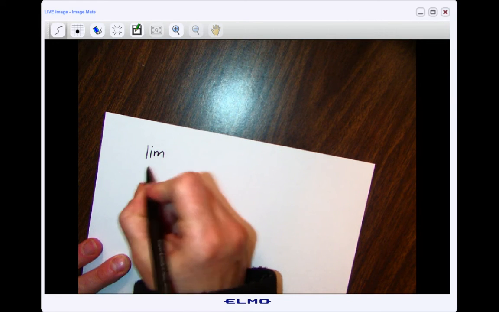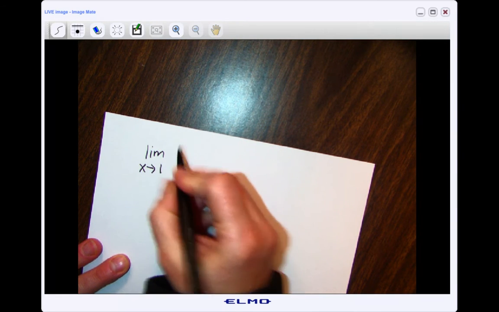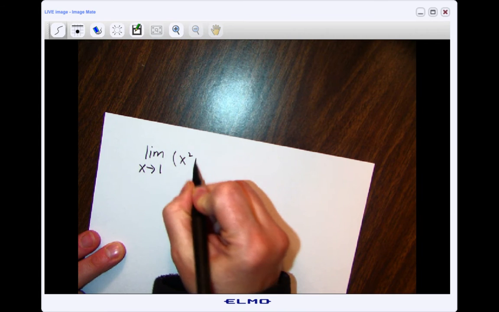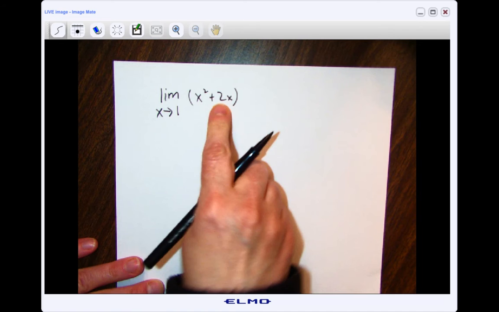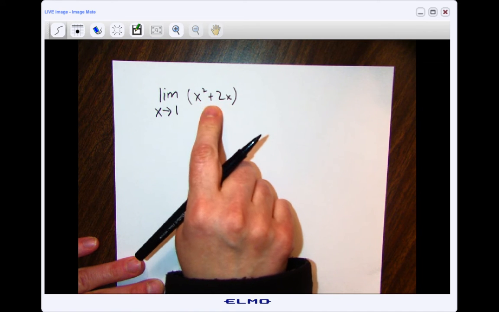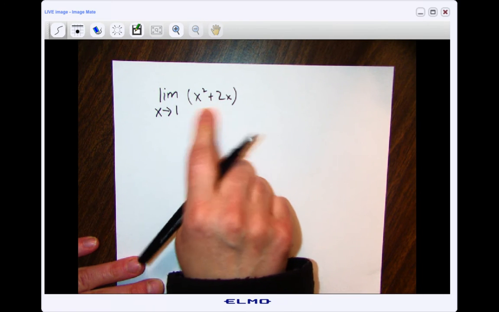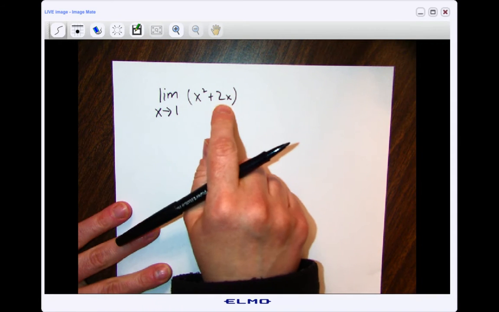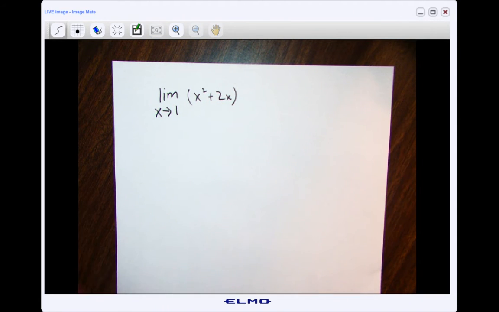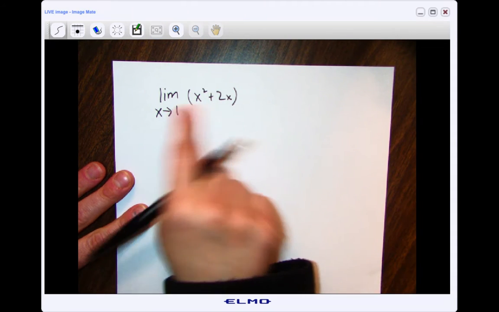Let's say the limit as x approaches 1 of something like x squared plus 2x. All right, there's a couple things you could do. We could just know what this looks like because we've worked with quadratic functions a lot. This is an upward-facing parabola. You could probably very easily find the vertex and some points if you wanted to graph it.